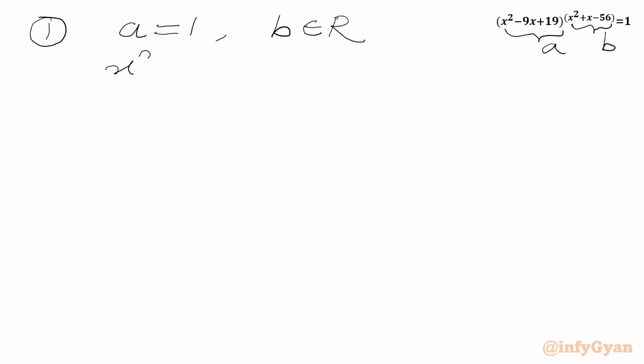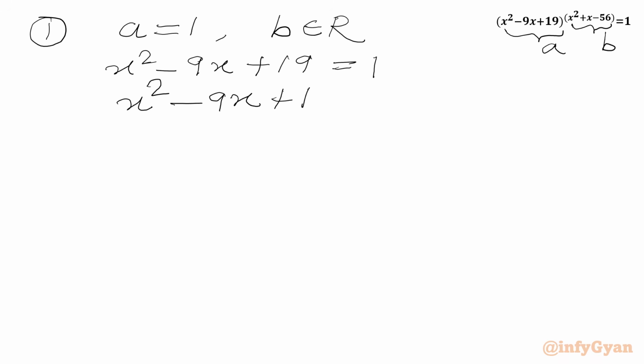So x square minus 9x plus 19 equal to 1. Let's write all the terms in left hand side. x square minus 9x, 19 minus 1 is 18, equal to 0. Now we can factorize this quadratic equation.